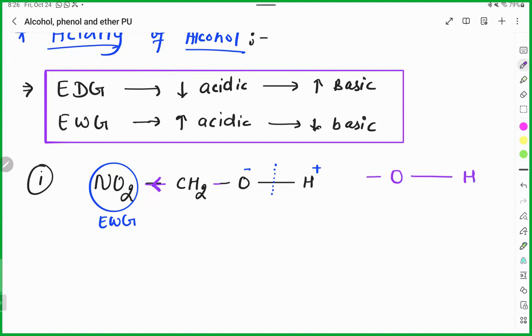I'll explain only this part first. If this bond is breaking, then H positive will release easily and there is more acidic character. If this bond is stronger, then hydrogen and oxygen will be closer to each other and release of hydrogen is difficult. Any doubt in this concept?